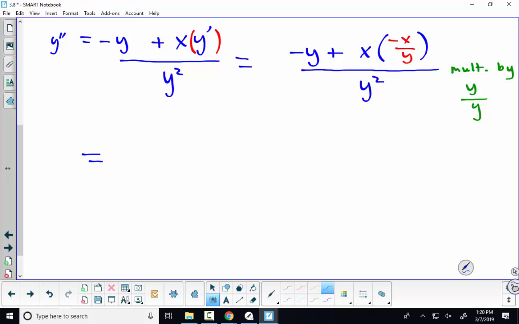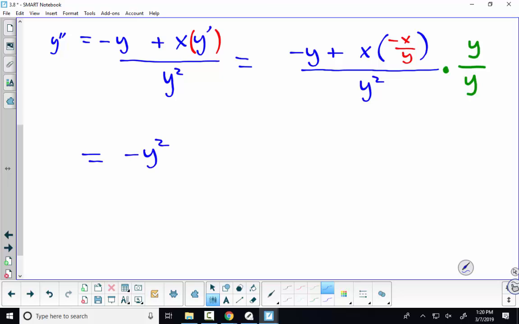So we have, well, let's write this out now. So we're going to distribute that up top. Y times negative y is negative y squared.